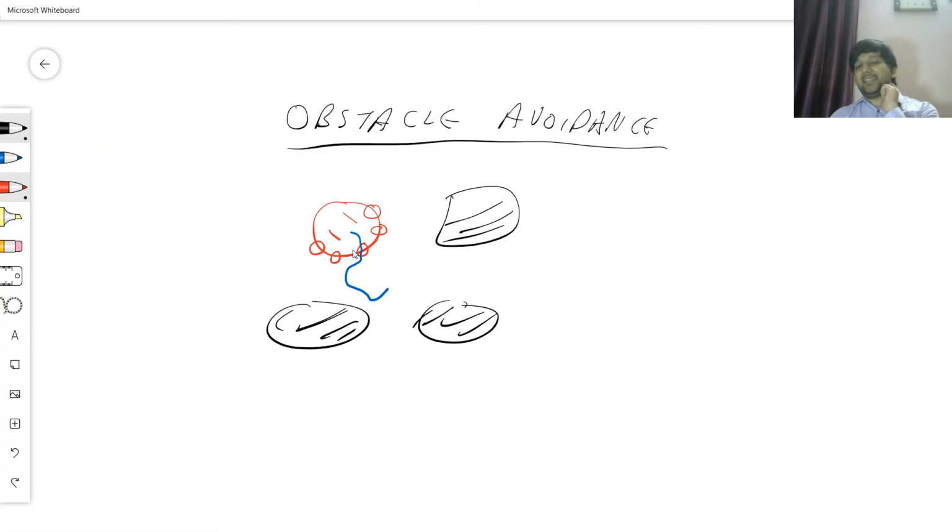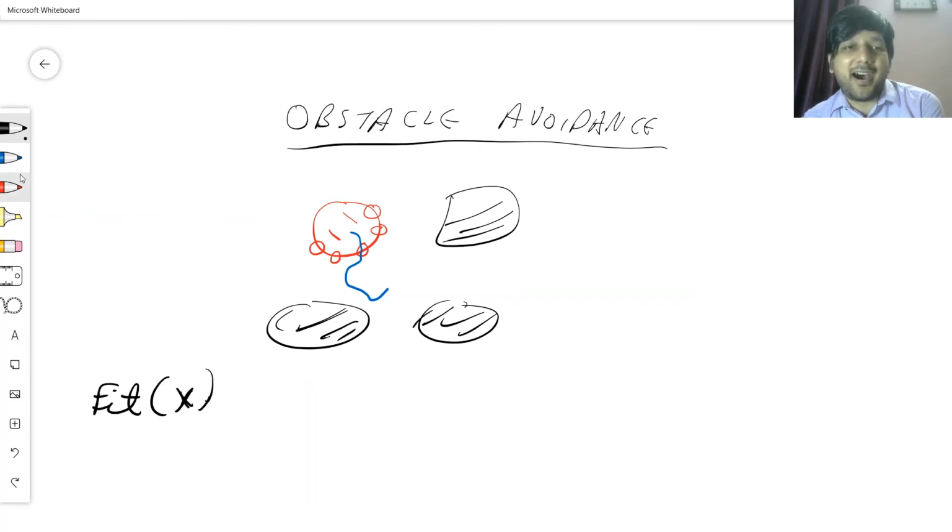And sonar sensors tell me the distance from the obstacles, and good obstacle avoidance means high distance from the obstacle. So my fitness function value for any RNN X will be, in neuro evolution, population pool.